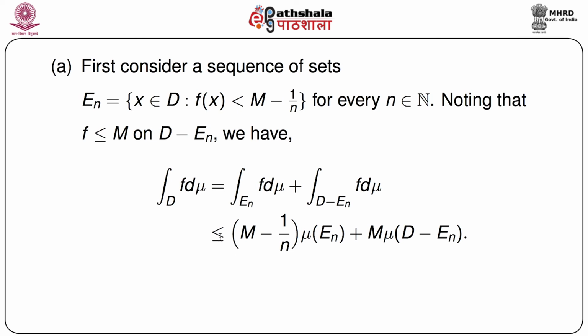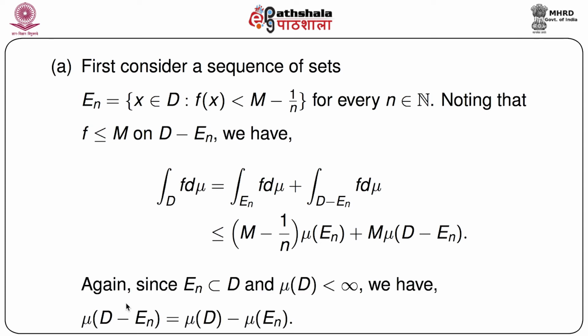Now, naturally, for the first integral, from the way we defined the set E_n, we can immediately replace f by M - 1/n. So the first quantity is less than or equal to (M - 1/n) times μ(E_n), plus the second quantity, which from the definition is M times μ(D minus E_n). So all we have to evaluate is μ(D minus E_n), and then probably the proof will be complete.